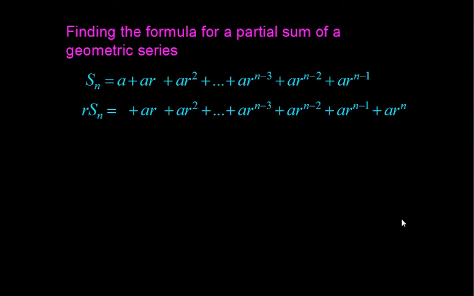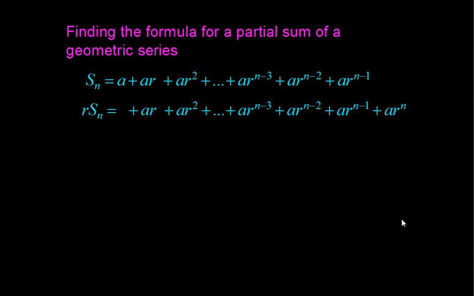If you want to find the formula for a partial sum of a geometric series, this is something I added to Greg Kelly's PowerPoint presentation. So take a look at this. We can write the partial sum just like we did before, and then let's multiply both sides of that equation by r. So we'll get r times s sub n equals ar plus ar squared, and so on.